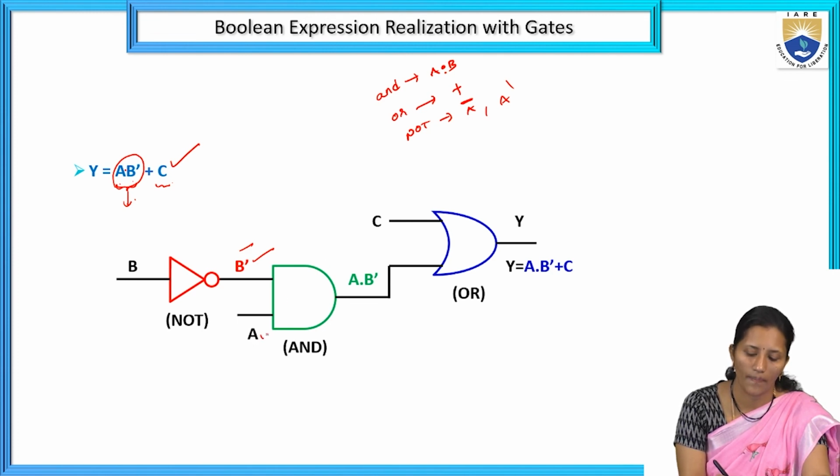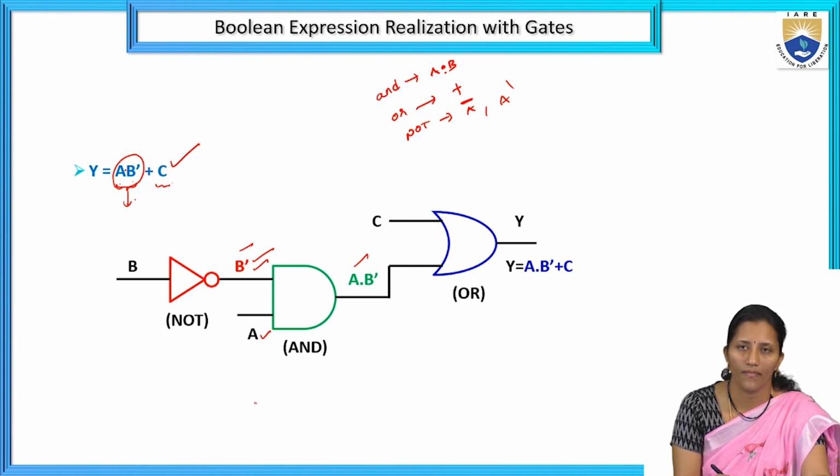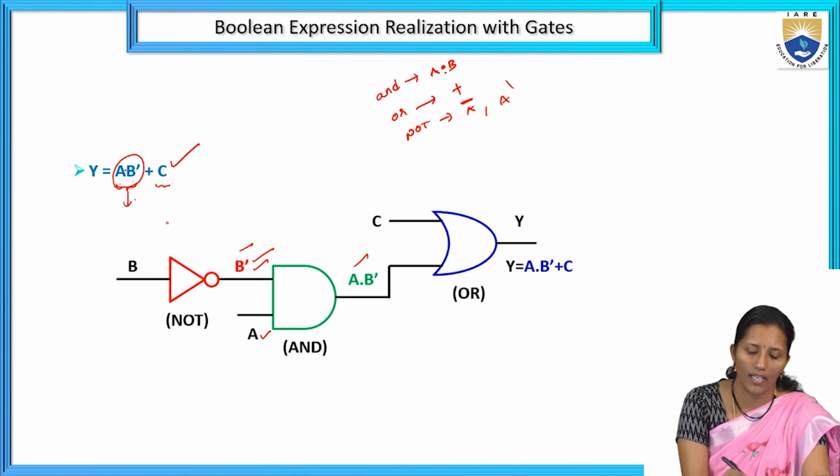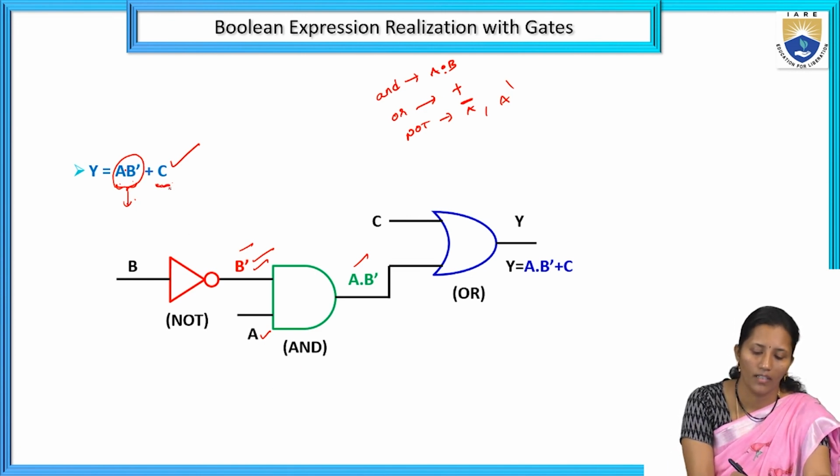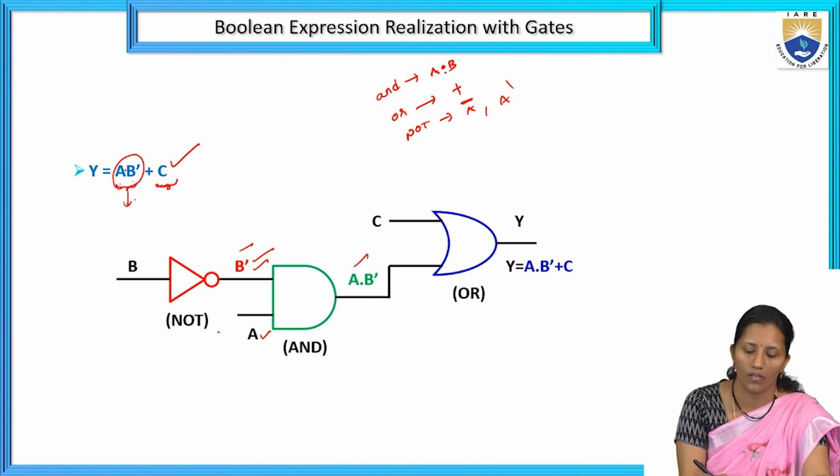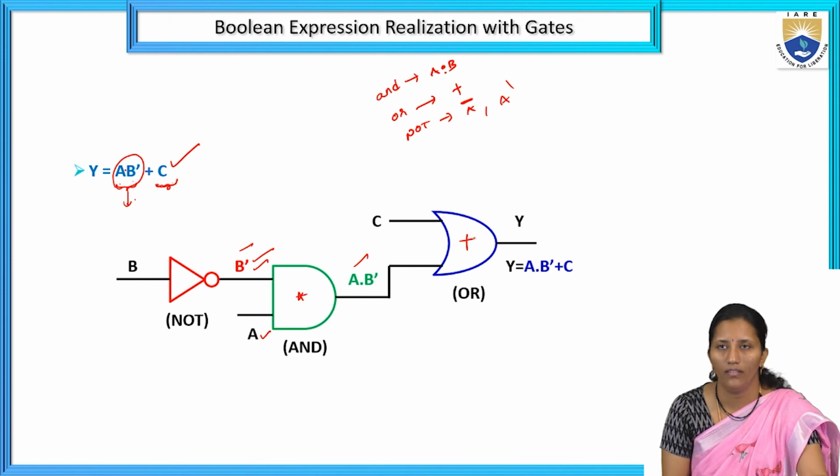So A and B bar are given to the AND gate, and we get A B bar. This A B bar is added to C, with the plus symbol. So we add it to C, and then we get A B bar plus C.